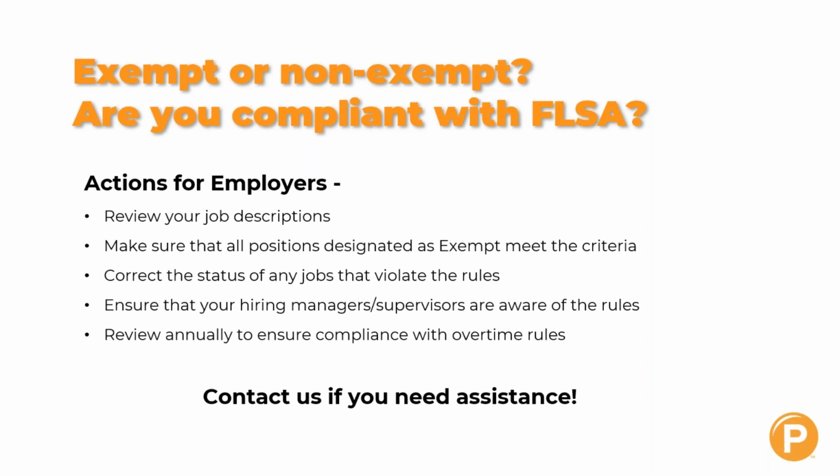You need to correct the status of any jobs that violate those rules. You need to ensure that your hiring managers and supervisors are trained on this. They need to know the law. And review annually to make sure that someone hasn't slipped through the cracks and they're exempt and should not be.